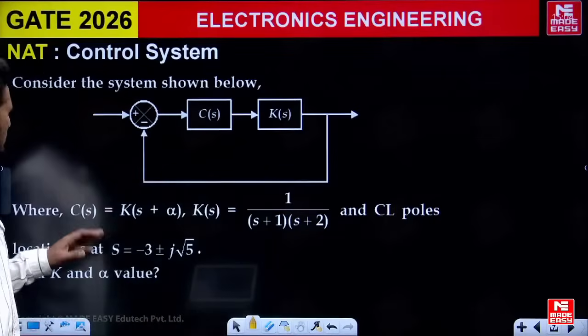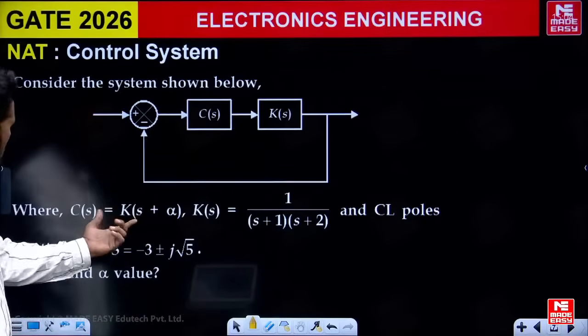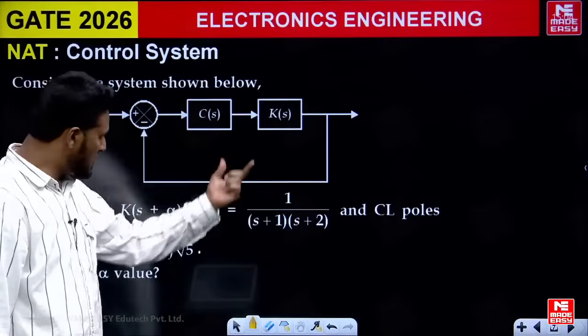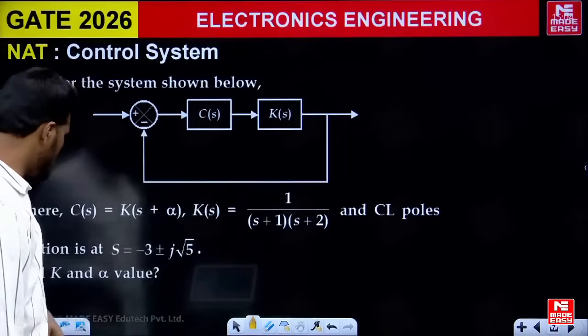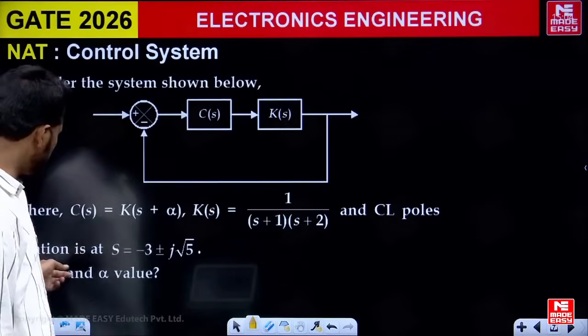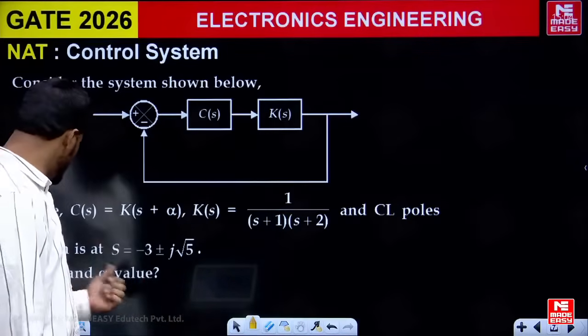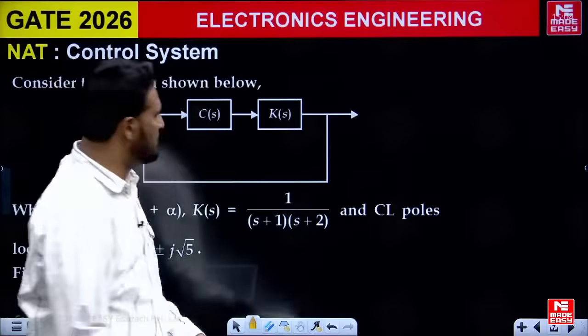Next, in this question, we have a block diagram where the controller block is given as Ks plus alpha and the plant is given as 1 upon (s plus 1)(s plus 2). The question says that the closed loop poles have to be located at minus 3 plus or minus j root 5. Find the values of K and alpha.